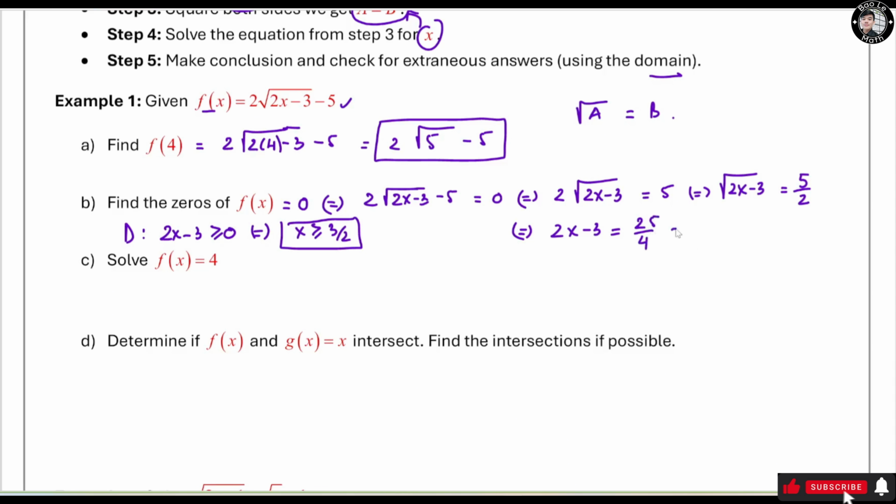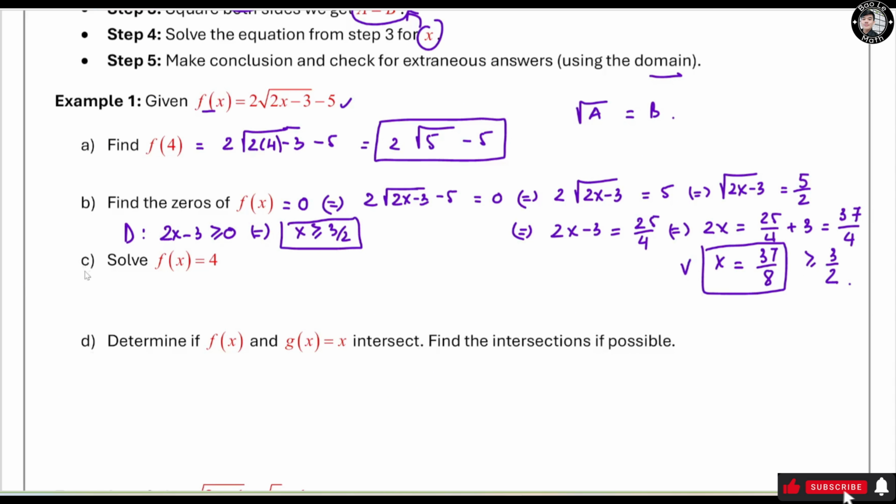And add 3 to both sides, so 2s equals 25 over 4 plus 3, which is 37 over 4. Now divide both sides by 2, so s equals 37 over 8. Now this number is greater than or equal to 3 over 2, so the solution should be s equals 37 over 8.